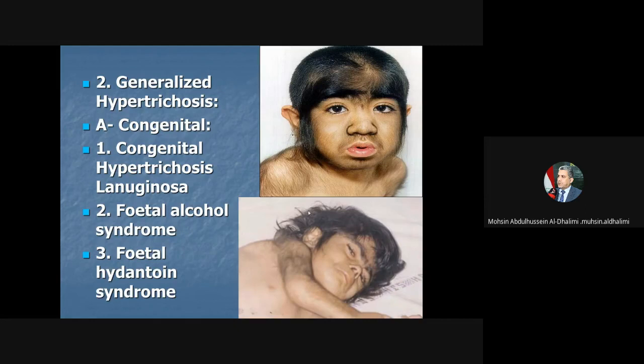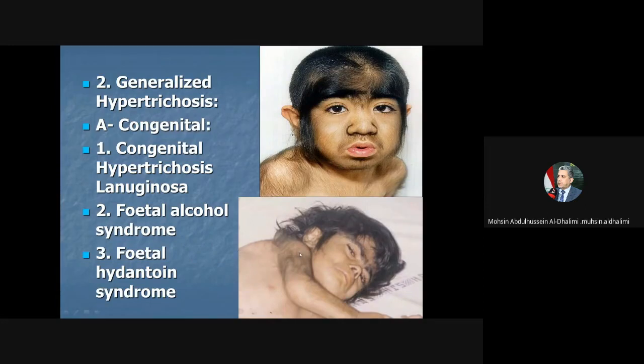ومرات يجينا يعني generalized hypertrichosis، هذا البيشنت عنده congenital hypertrichosis lanogenosa. Lanago hair قلنا لكم هو اللي affect the يعني body of the fetus but sometimes may persist into adulthood.